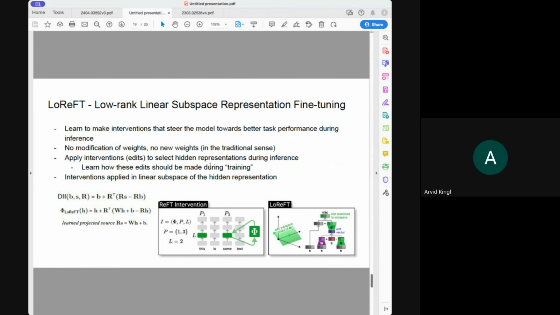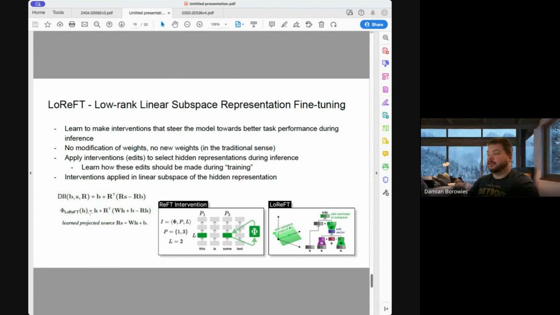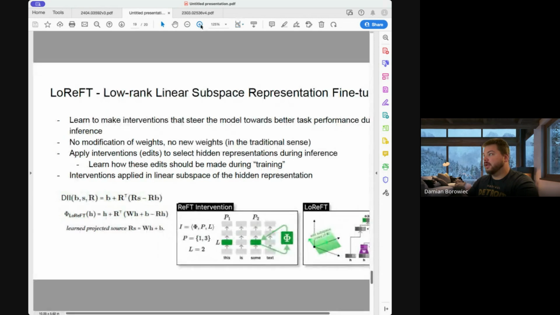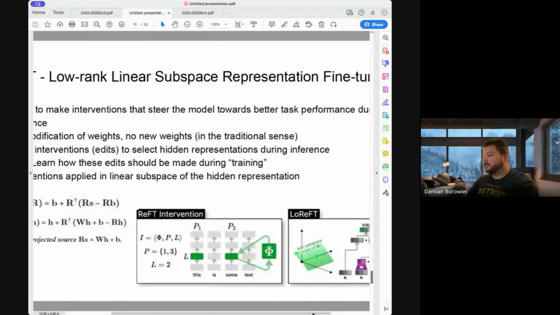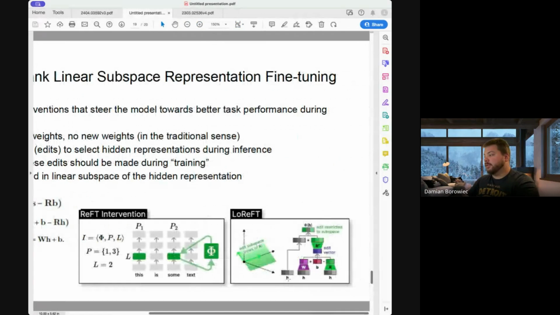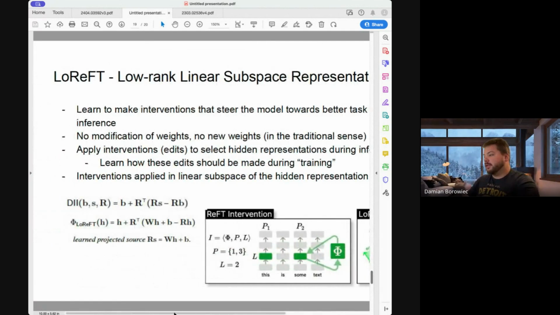Thank you. Yeah. So as you pointed out, this diagram kind of explains it, which is we look at the high level, and maybe make it a little bit bigger. So we take the hidden representations. They talk about this as the learned projected source, because they cannot establish a counterfactual example, which would be like the source.